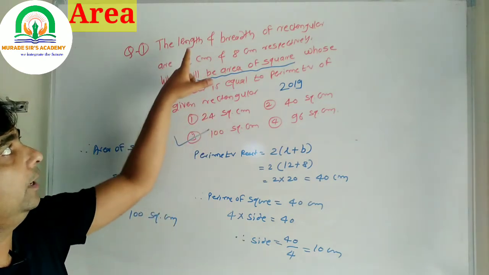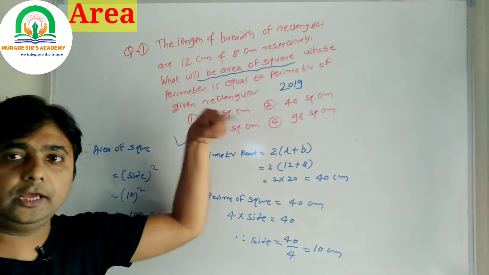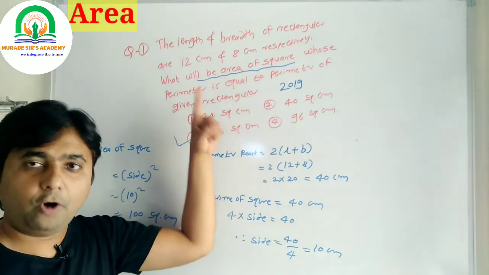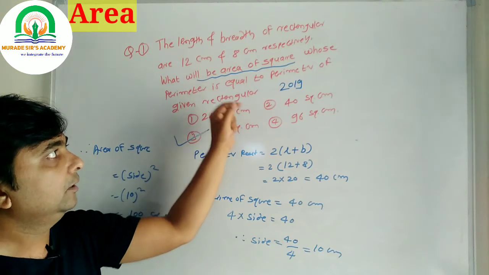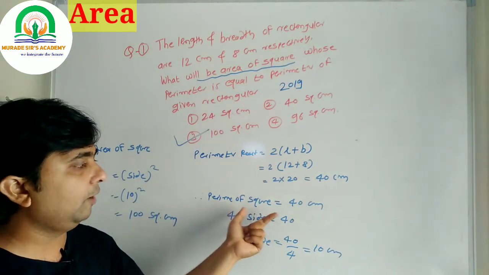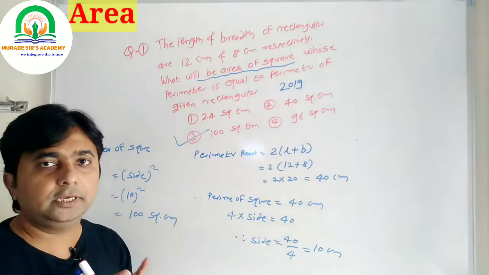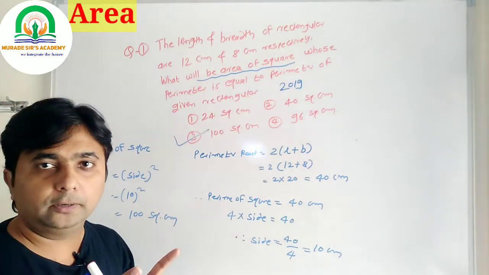They have given rectangular information and asked the area of the square. For that, they give the information that the perimeter of the rectangle is equal to the perimeter of the square. So first we have to calculate the perimeter of the rectangle.